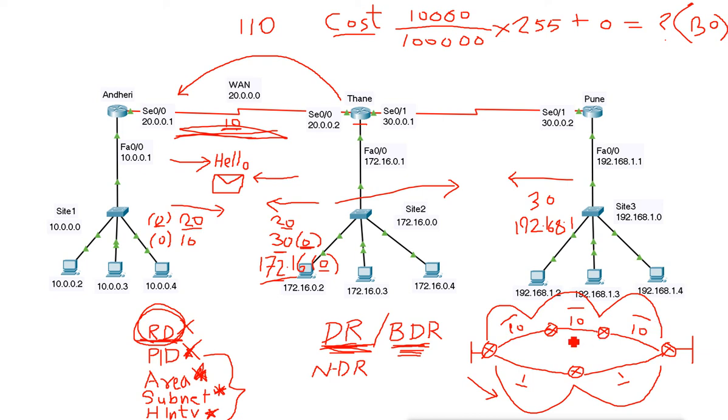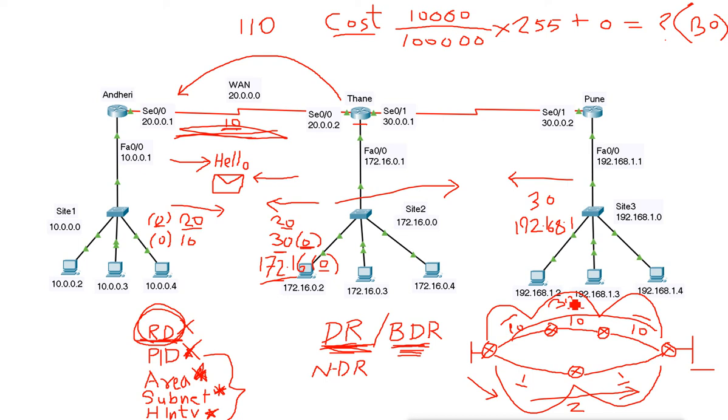So we can see that this link is fast, but still RIP will take this path because of the metric. The metric is only hops. But what will OSPF do? It will not see the hops, it will see the cost. So it will see the total cost for this network. From this side, let's say it gets 2 Mbps, and from this side it will get 30 Mbps.